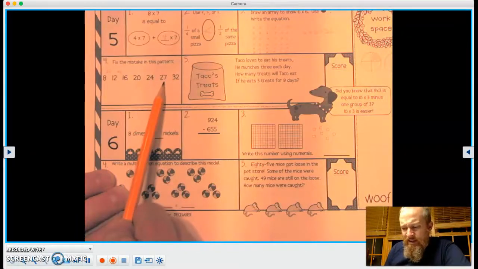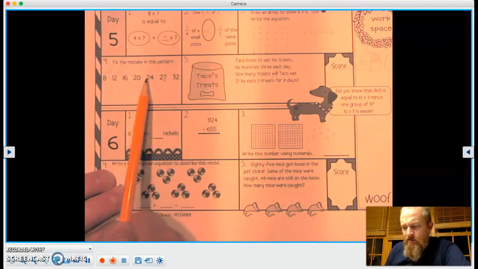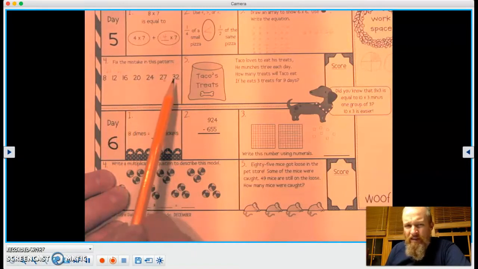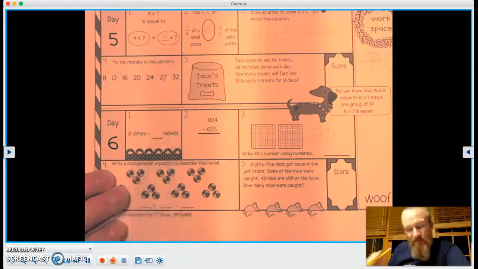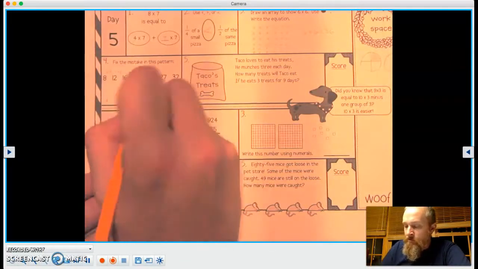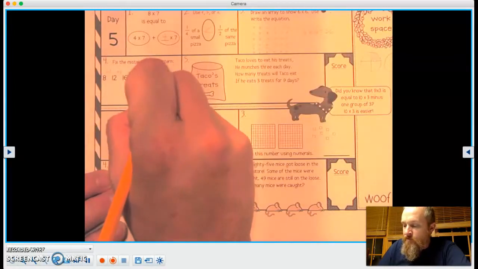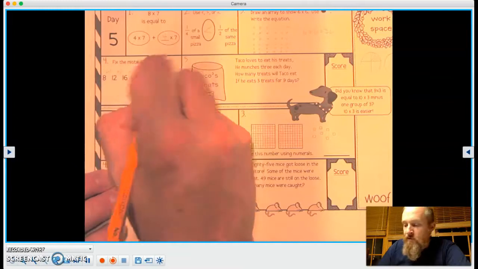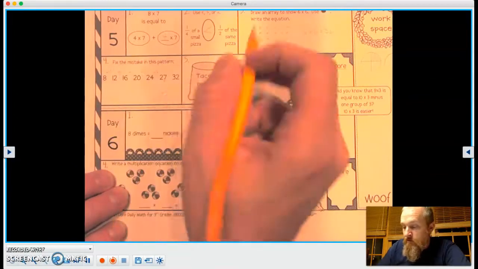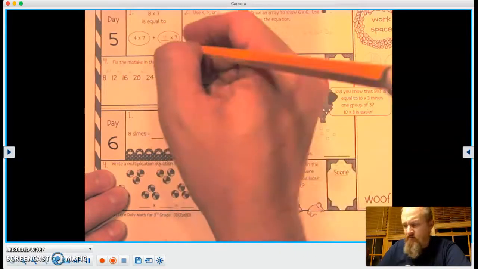You know, I'm thinking this has something because the 8, the 12, the 16, the 20, the 24, and the 32 are all even numbers, and that 27 is odd. Something's up with that. Plus 4, plus 4, plus 3. Oh, plus 5.